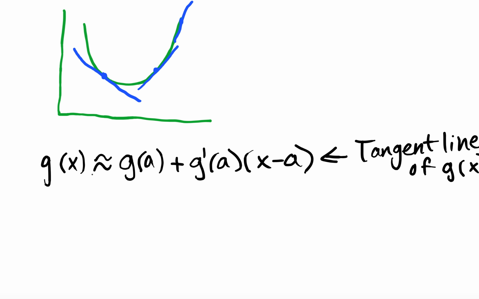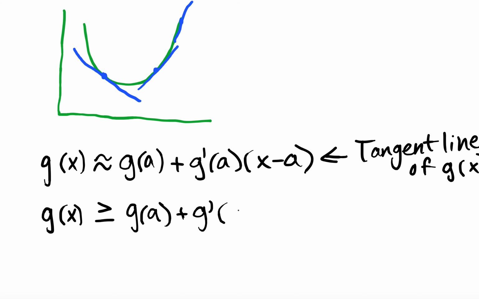Now for convex functions in particular, the convex function is always larger than the tangent line. So if g of x is convex, this means that g of x is greater than or equal to g of a plus the derivative of g evaluated at a times (x minus a).